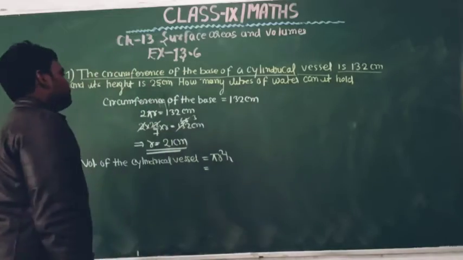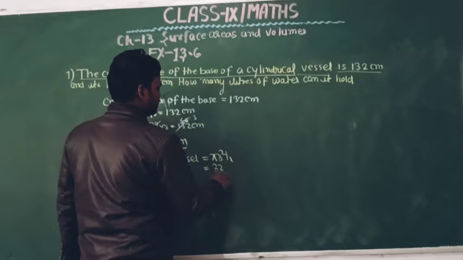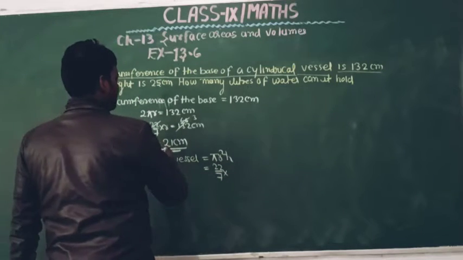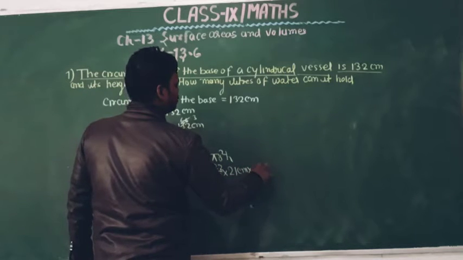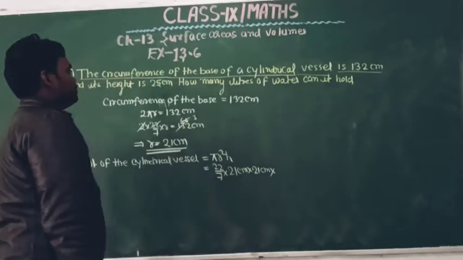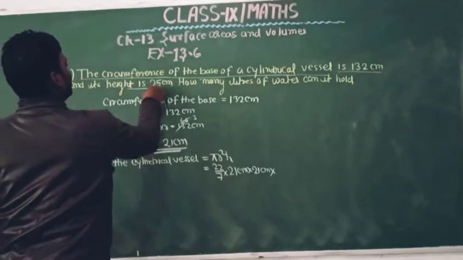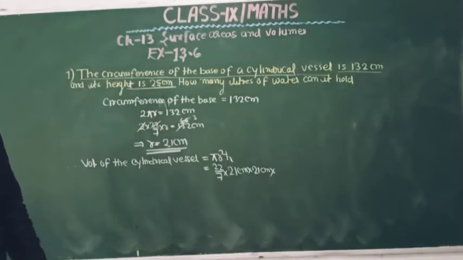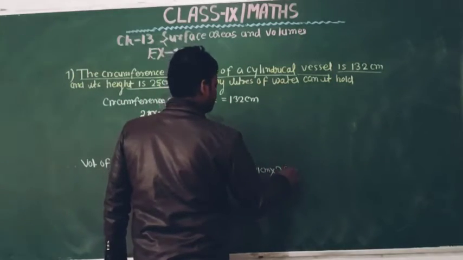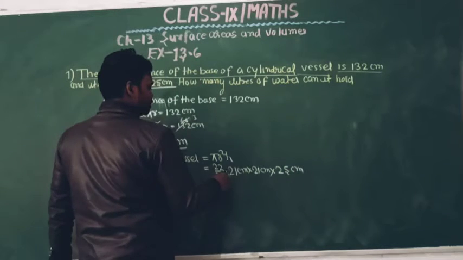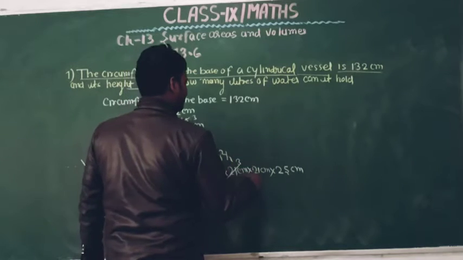The value of pi is 22 by 7 and radius r is 21 centimeter, so write 21 twice, and the height of the cylinder, which is given here, is 25 centimeter. So put here 25 centimeter. Here 21 cancels out 3 times.